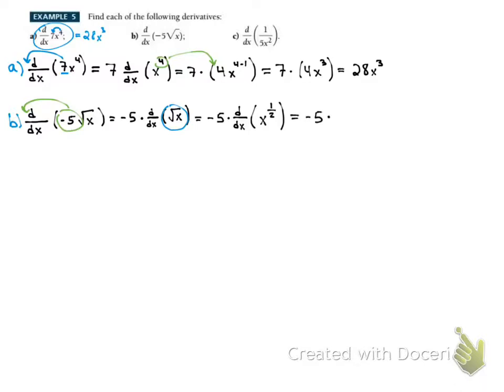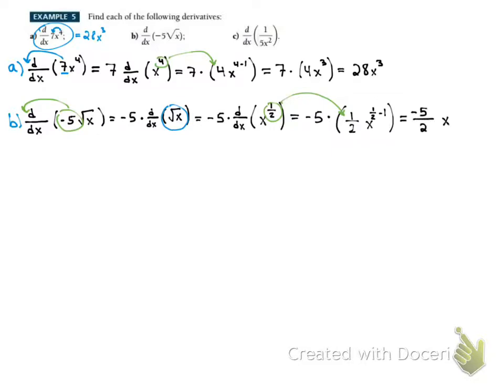So the negative 5, that's just hanging out on the outside. And then we take the derivative of x to the 1/2. So the 1/2 comes down as a coefficient. So then you have 1/2 times x to the 1/2 minus 1 power. So I can go ahead and multiply the negative 5 and the 1/2. So I get negative 5 over 2.